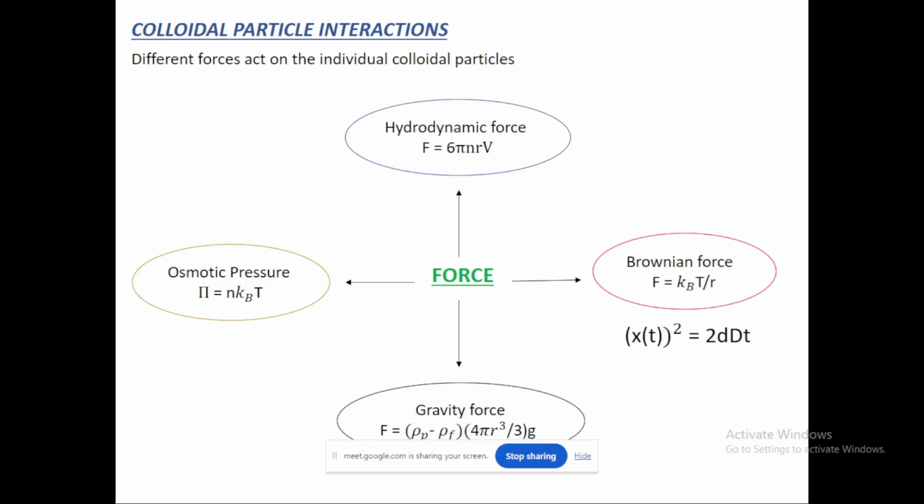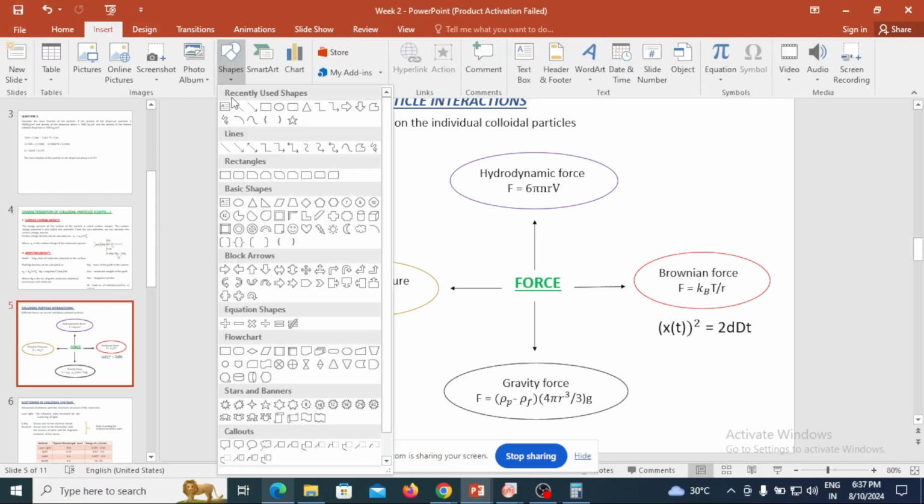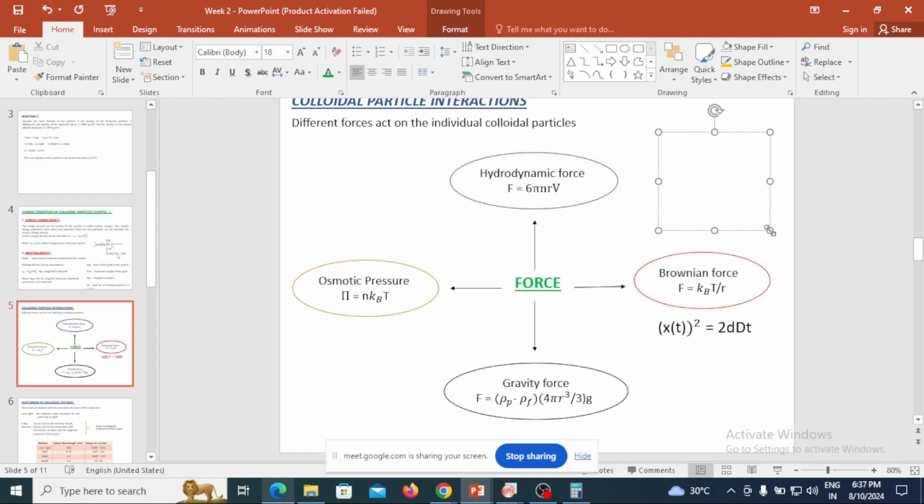Here r is the radius of the particle in the suspension medium, and kBT is the thermal energy. If you remember, thermal energy is usually represented in the form of kBT, right? It will be in the scale of kBT.